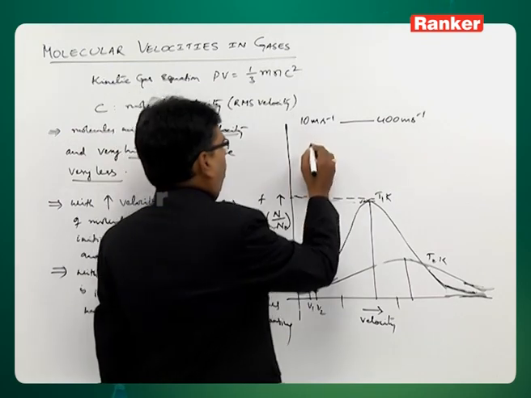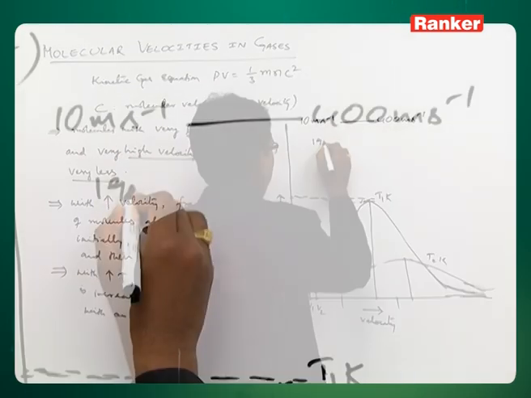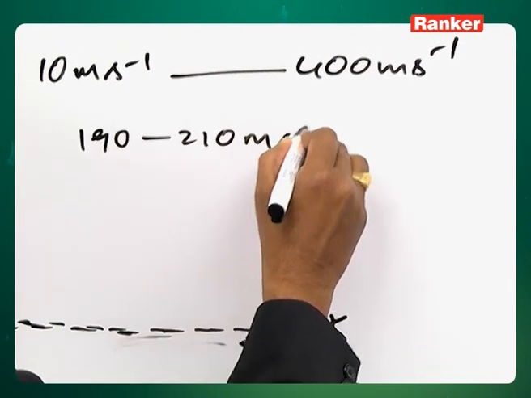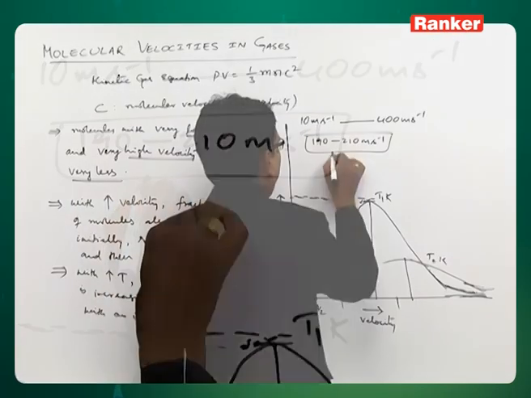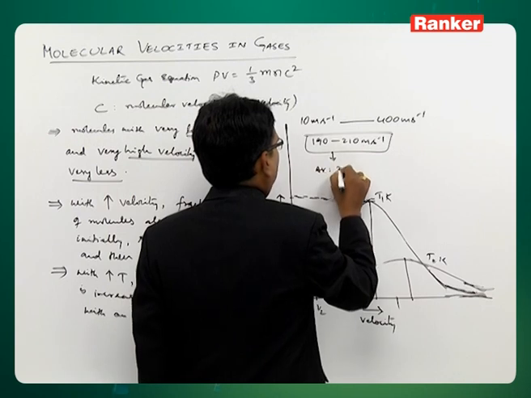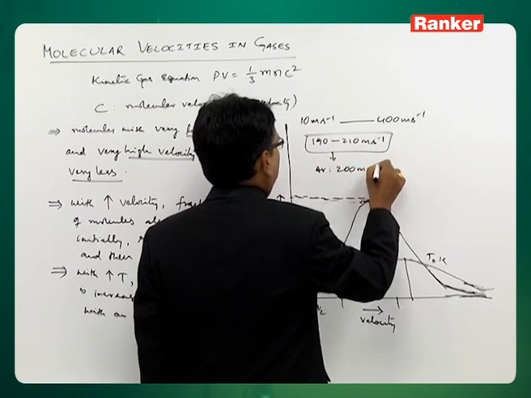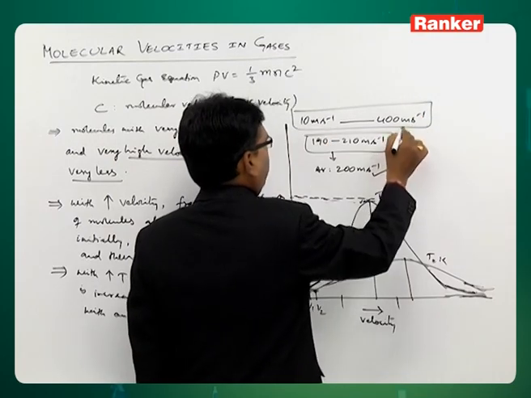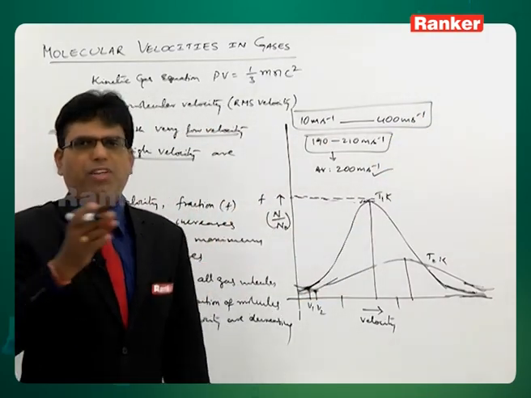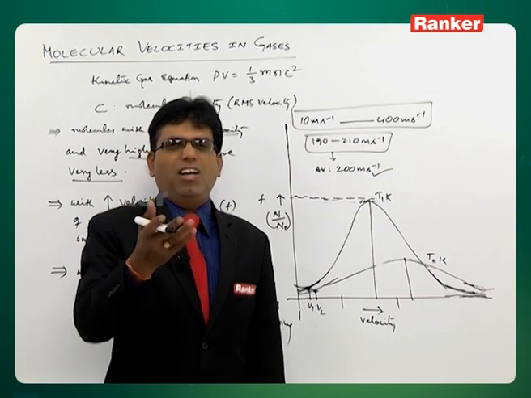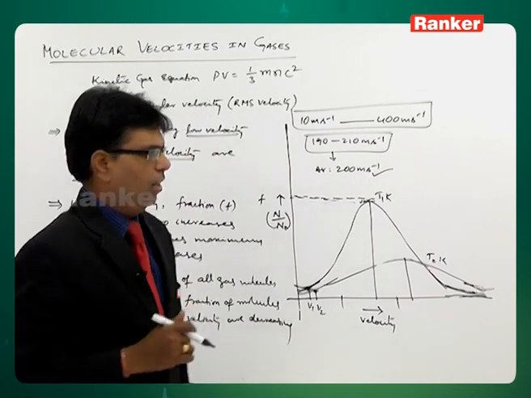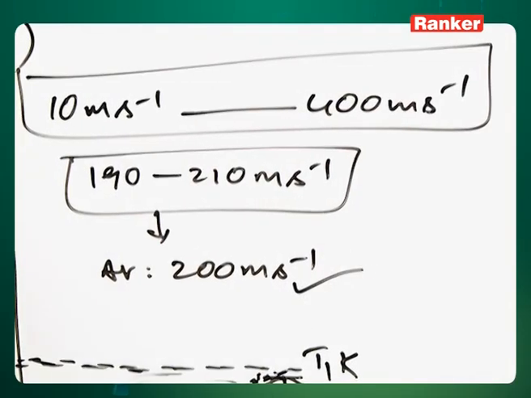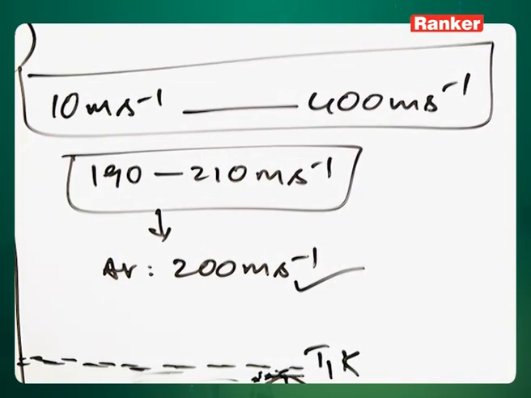Suppose all the molecules are ranging between 190 to 210 meters per second. For this, if you take the average as 200 meters per second, we can understand. But for the whole range, taking either 200 or 250 or 100 is not an acceptable value according to statistics. Statistics will not accept giving any one particular velocity to all the gas molecules.